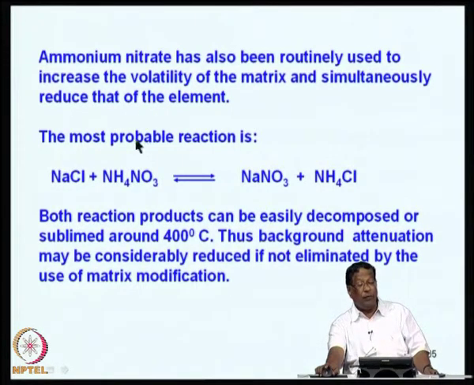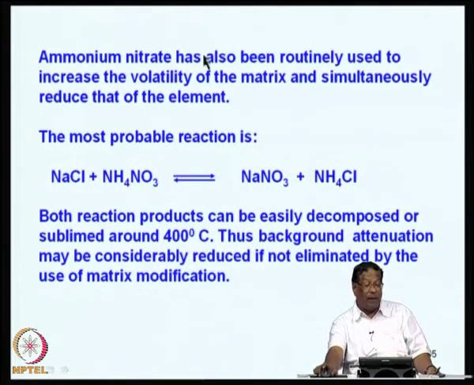The most probable reaction is a very simple one, which everybody knows from high school: sodium chloride reacts with ammonium nitrate, exchanging the anions, so we get sodium nitrate and ammonium chloride. Ammonium chloride can be very easily separated from the matrix even at room temperature.